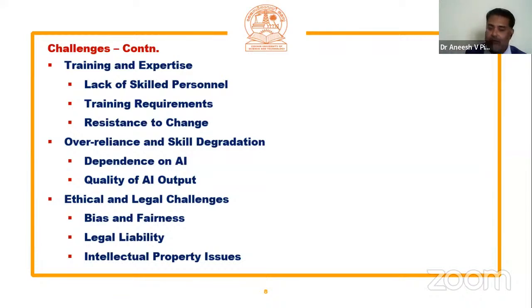So how these AI tools are being created, who created them, and what quality parameters they satisfy all matter when we are using an AI-driven technology or AI tool for our legal education. So these are the most important challenges, according to me, when we use AI tools in legal education.